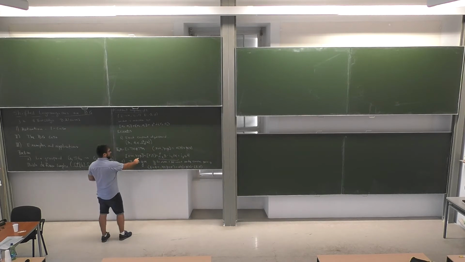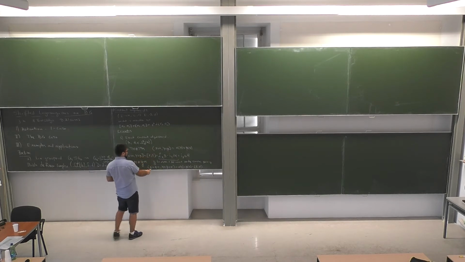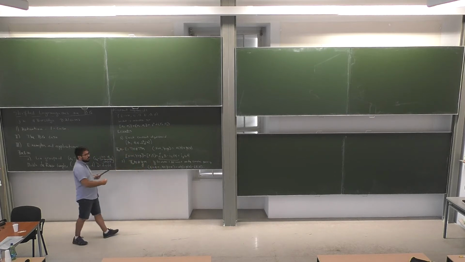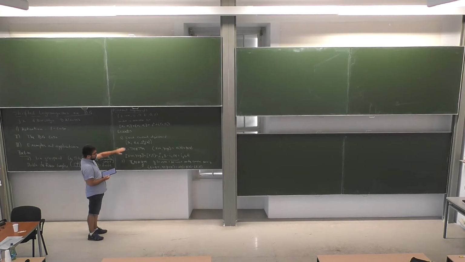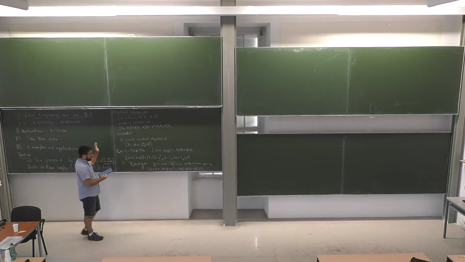And then the bracket is just this bracket plus the usual Lie bracket on the g component. So the Lie brackets are not mixed. So this is an example of what is called an exact Courant algebroid. This is an example of what is called a transitive Courant algebroid. So those are the two prerequisites of today.